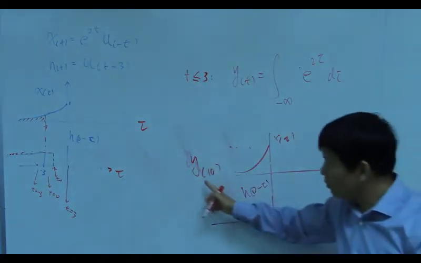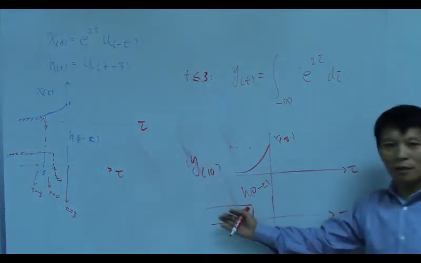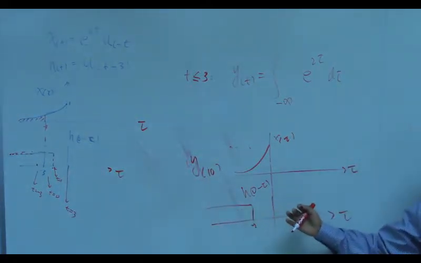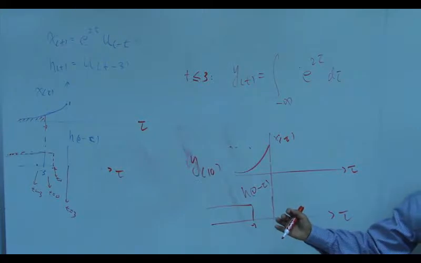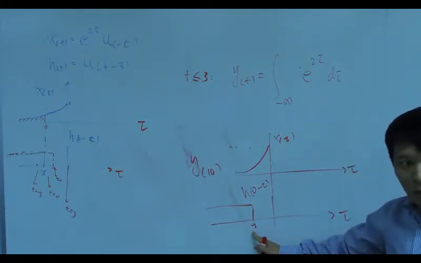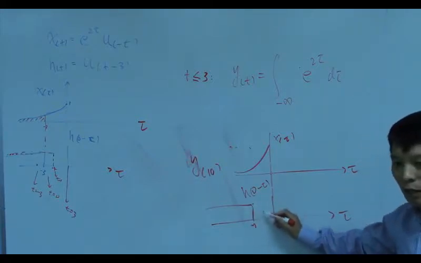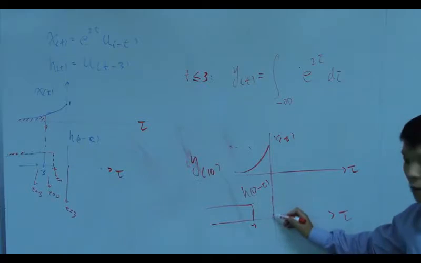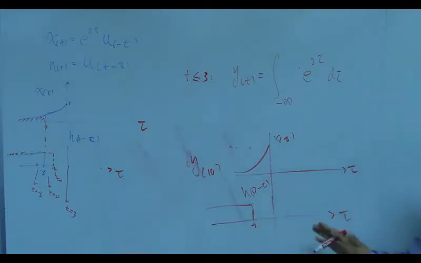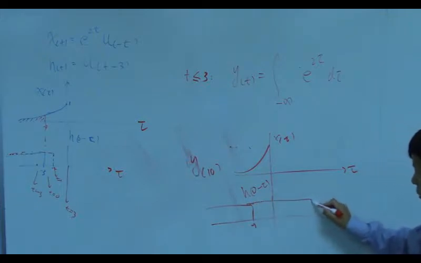If I ask you what is the output when t equals 10, then you flip, and you need to shift this one to the right by 10 seconds. So 0, this is 0. 1 second, you're going to get at this point. 2 seconds, 3 seconds, it will be at this point. You shift this one to the right. So 10 seconds, it will be at this point, so that will be 7.